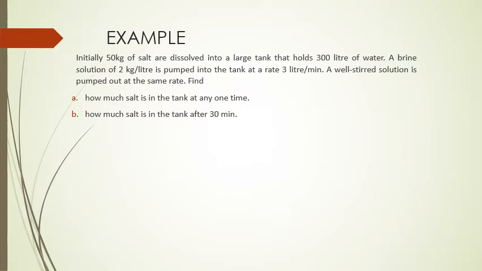This is the rate R1. A well-stirred solution is pumped out at the same rate, so here we know that it is the first case, R1 equal to R2. A, how much salt is in the tank at any one time? B, how much salt is in the tank after 30 minutes?